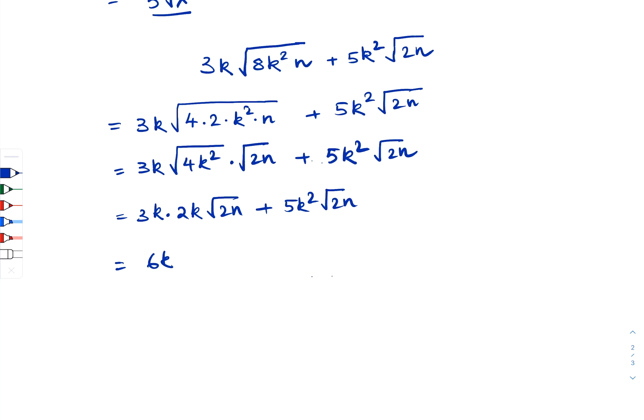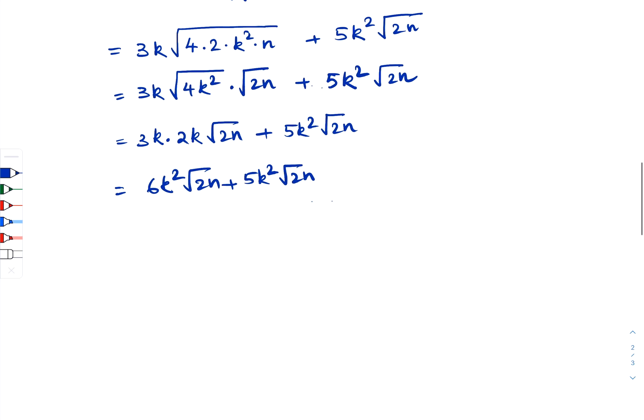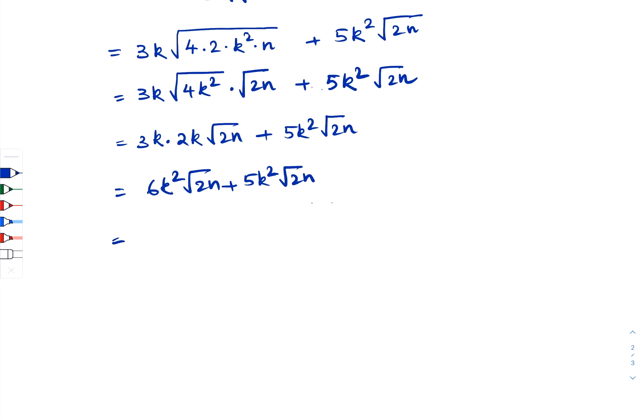So 6k square root of 2n plus 5k square root of 2n. Now I can combine them, because that term is the same as that, so I can add the coefficients together. 6 plus 5 is 11k square root of 2n. And there you have it. That's how you simplify radical expressions. Thank you for watching.